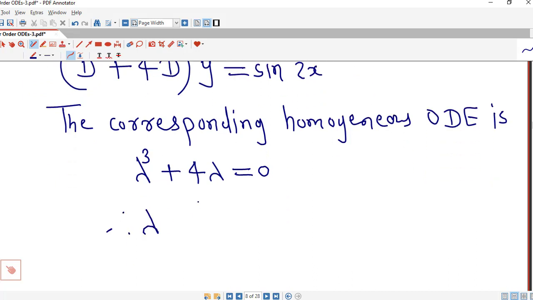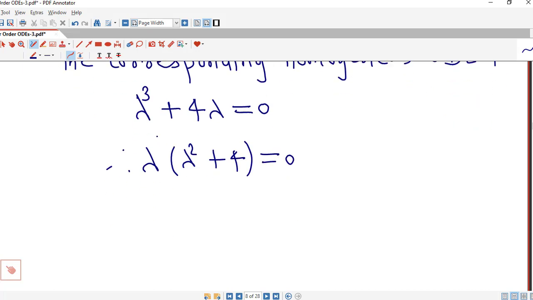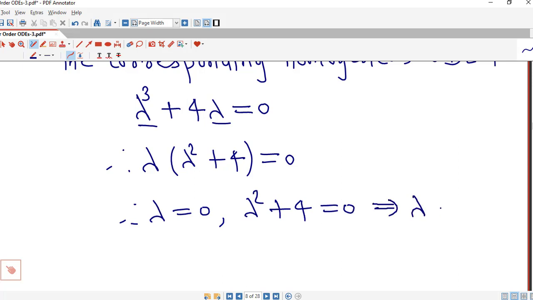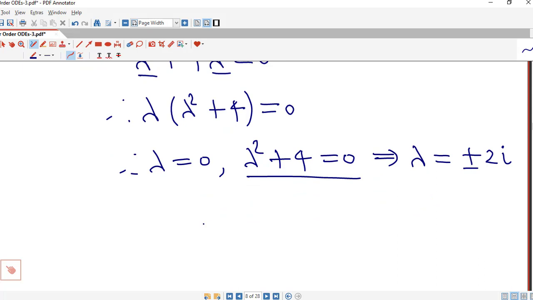So therefore lambda times lambda square plus 4 equal to 0. Here we consider lambda common, so therefore lambda equal to 0, lambda square plus 4 equal to 0, and this will give me lambda equal to plus or minus 2i. We consider lambda square plus 4 equal to 0, that gives us lambda square equal to minus 4, which is 4i square. Therefore lambda equal to plus or minus 2i.